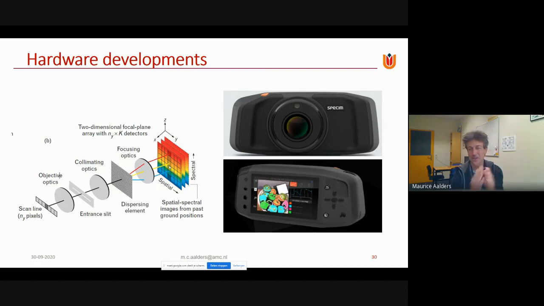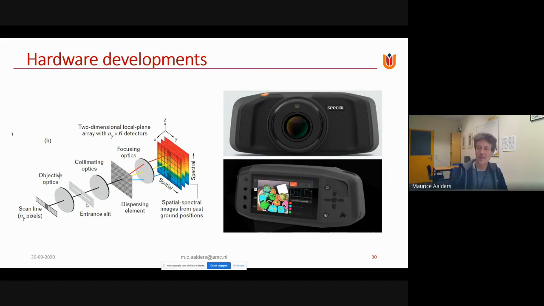So each image contains the spectral information of 1 line in an image. Then the entrance slit or the spectrograph is slightly moved to obtain the next line, next line, next line. So you get spatial scanning of a scene.